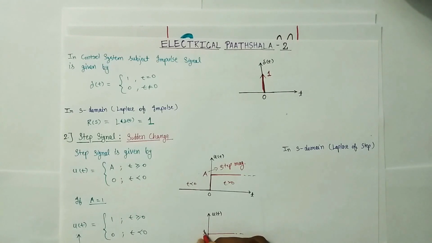Here the step magnitude is 1. This is your unit step signal. Now this is the step signal in time domain.